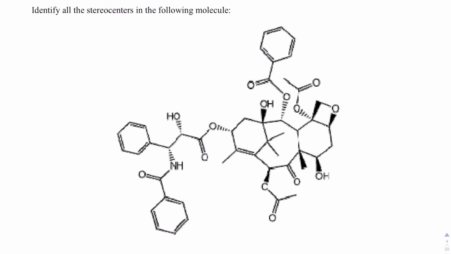It was isolated from the bark of some Pacific tree in 1971. A lot of organic molecules have a super interesting history. So go ahead, pause this. I'm going to just give you the answer when you unpause it. So go ahead and pause it now.